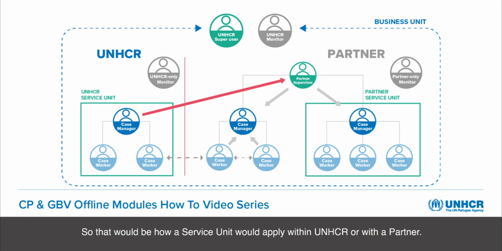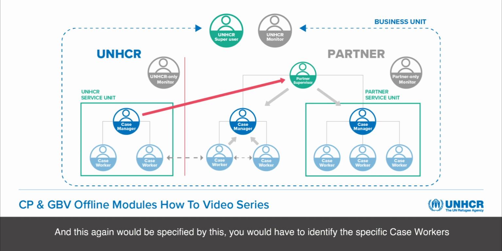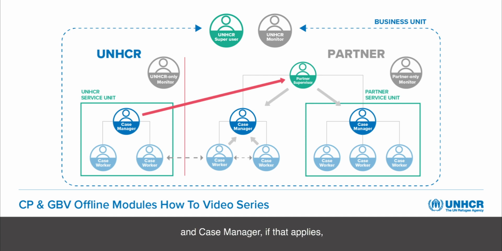So that would be how a service unit would apply within a UNHCR or with a partner. And this, again, would be specified by this. You would have to identify the specific caseworkers and case manager, if that applies, that the service unit would apply within.